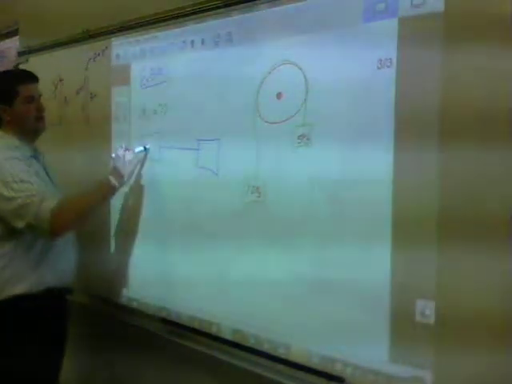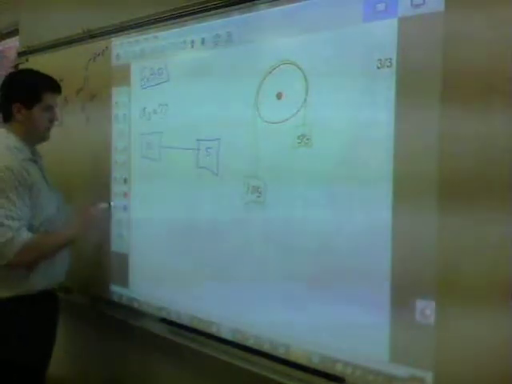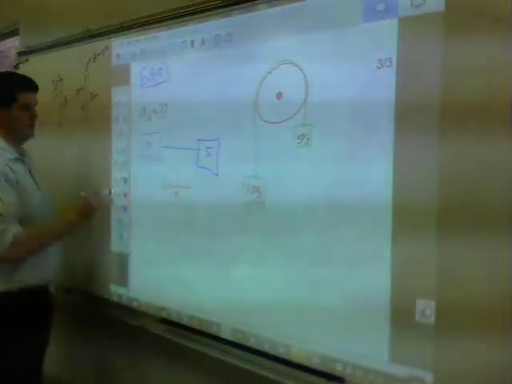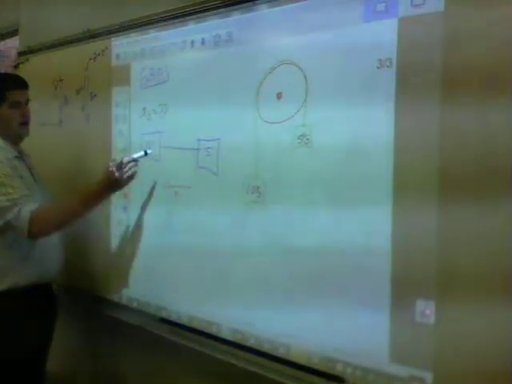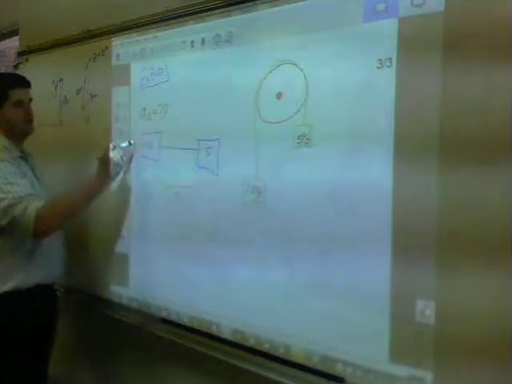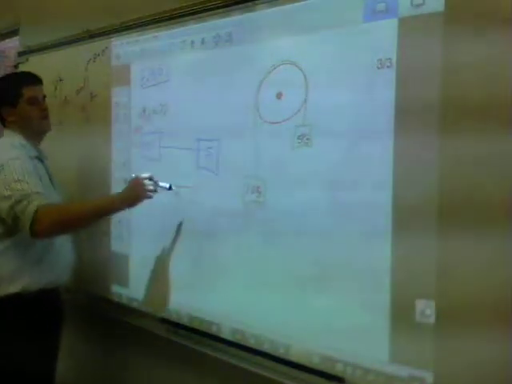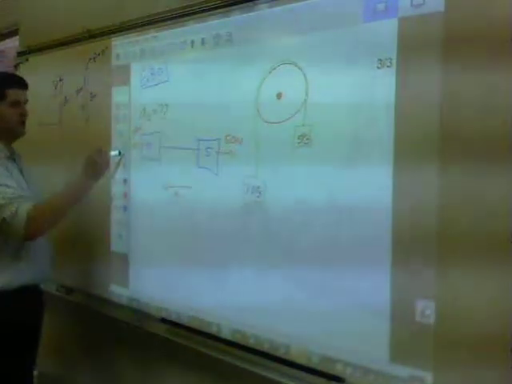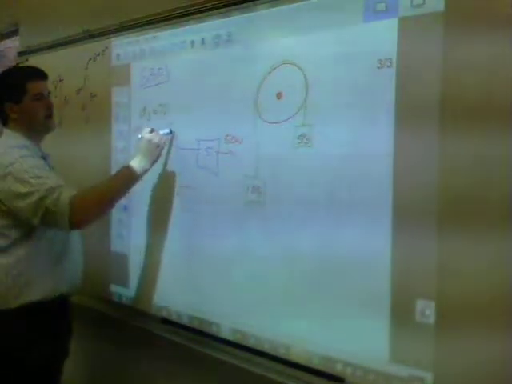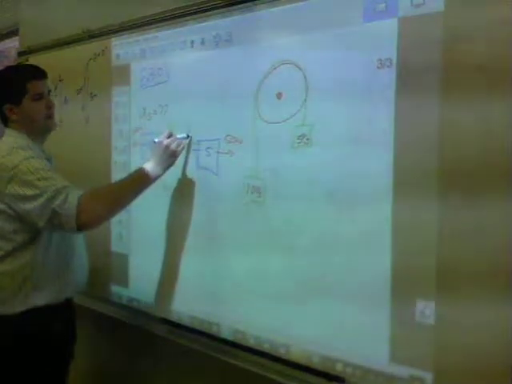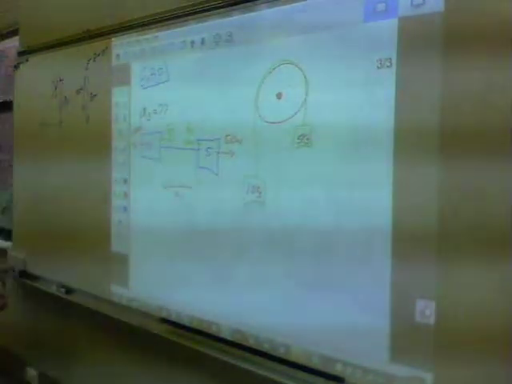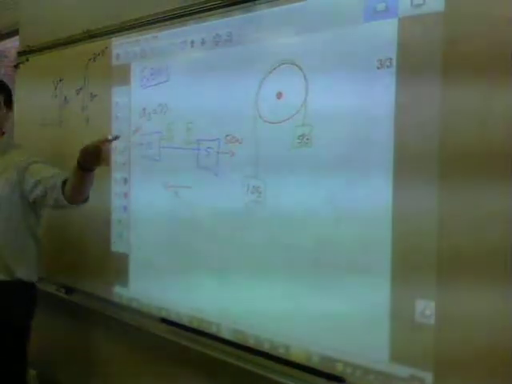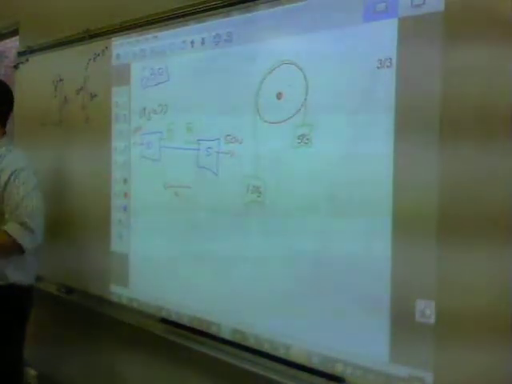So we get 10 and 5. Now, which way do you think it's going to be accelerating? Left. All right, so I'm going to do this one, which is 100 newtons minus 50 newtons. Now, we do have the tensions in here, which we don't know, but we know that they're equal, and so they cancel out. Before you can solve for the tension, we need to solve for the acceleration.